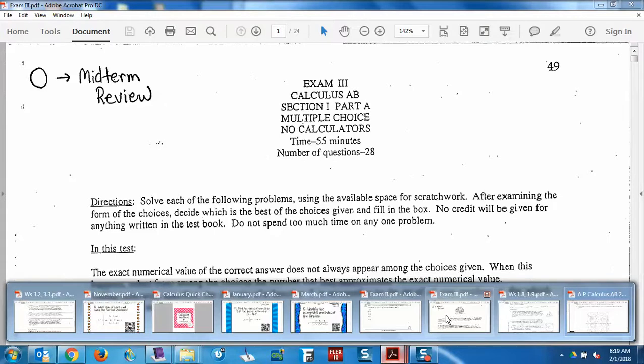Exam 2, we did quite a few on exam 2 yesterday, if there's any left. But have you started on exam 3 at all?